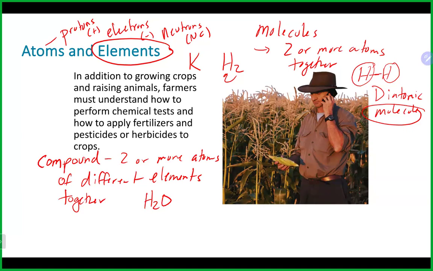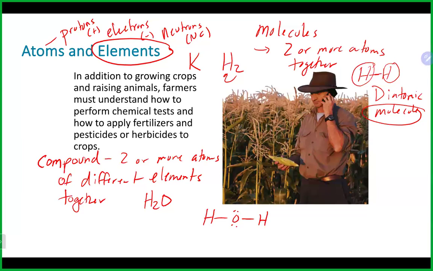So water here is a compound because basically water is a combination of hydrogen atoms and oxygen atoms together. So it meets the definition of a compound because it is 2 or more elements that are together. We have hydrogen and oxygen.